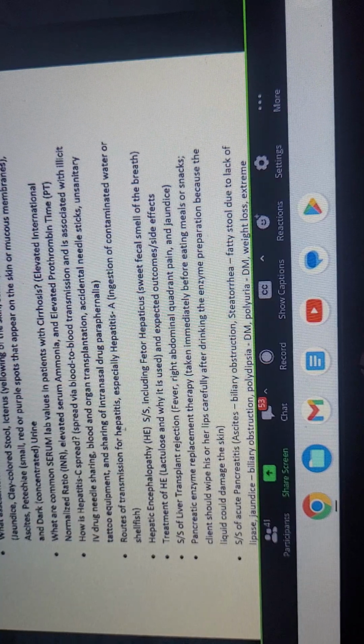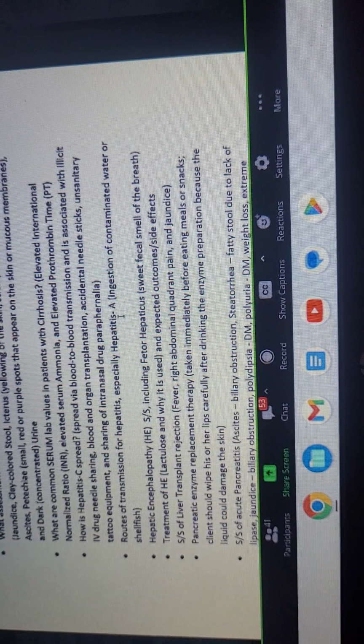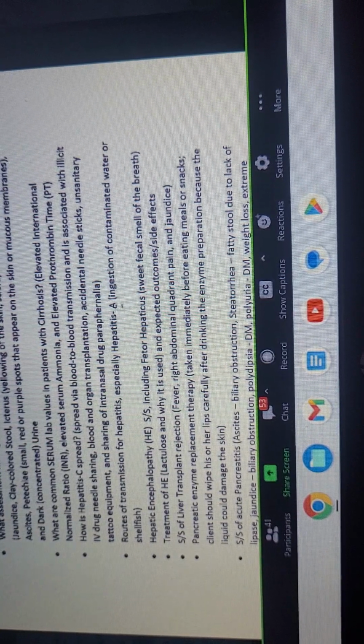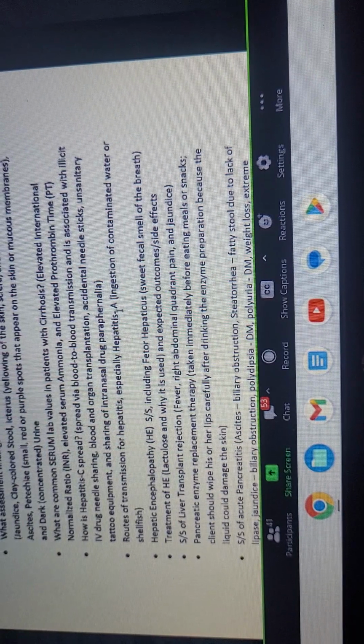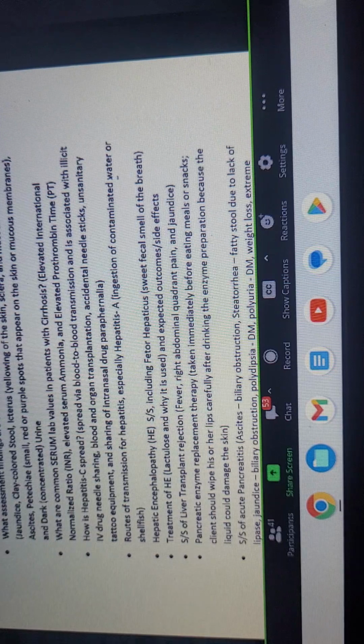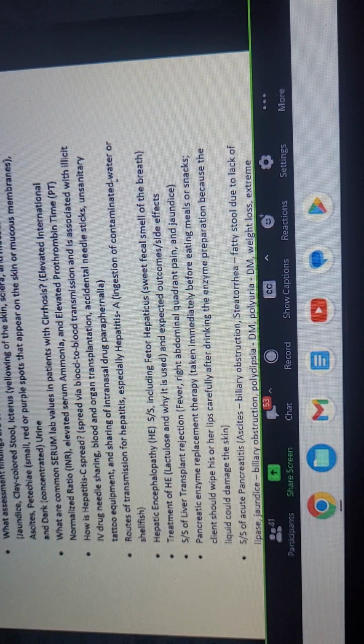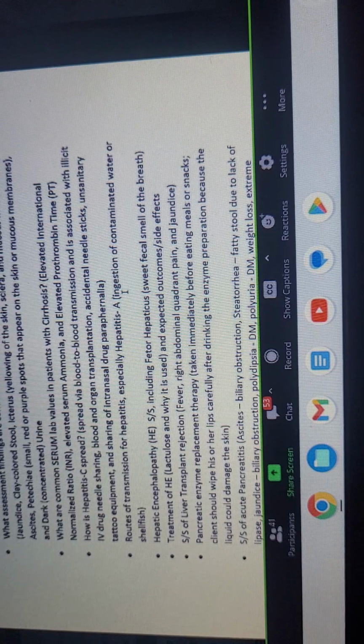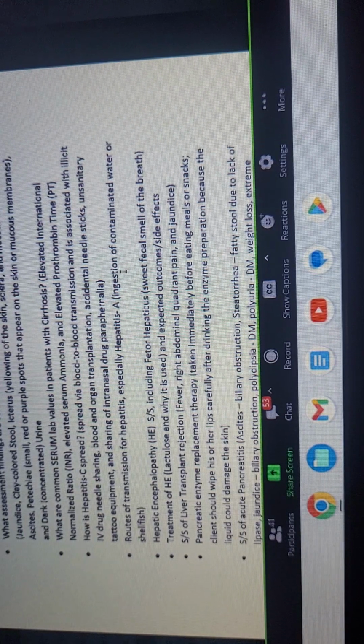What are some routes of transmission for hepatitis, especially hepatitis A? In particular, ingestion of contaminated water, shellfish. Some places where this occurs is on cruise ships.